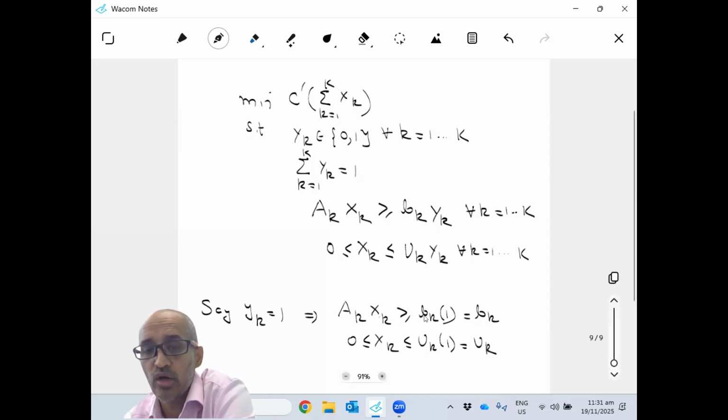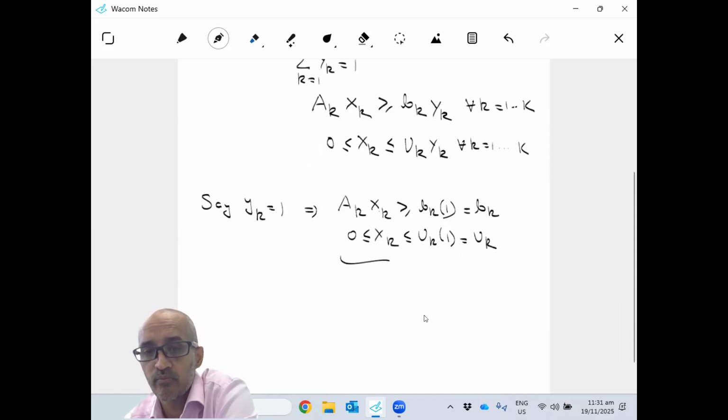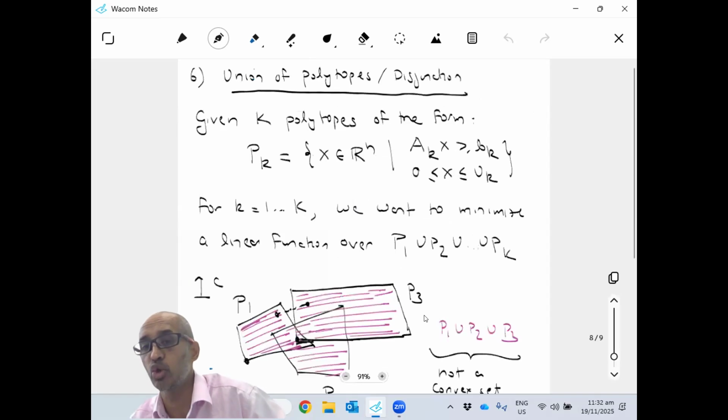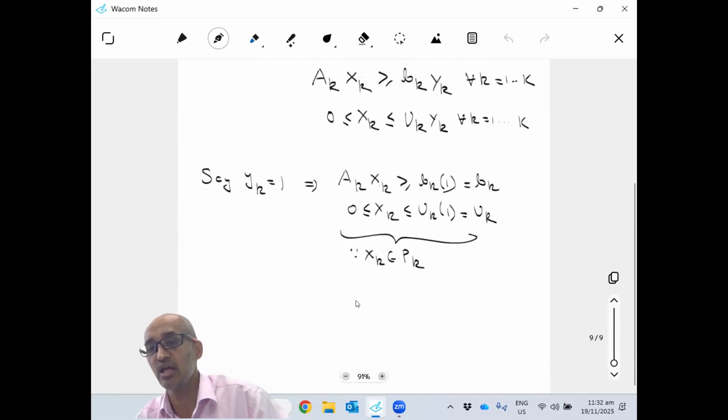So what is clear is xk lies in the polytope k, right? Ak times that vector is greater than or equal to bk, and the vector lies between 0 and uk. That's exactly the definition of the polytope. So clearly, xk is a point in the polytope.